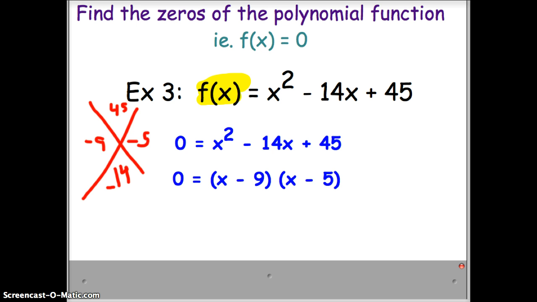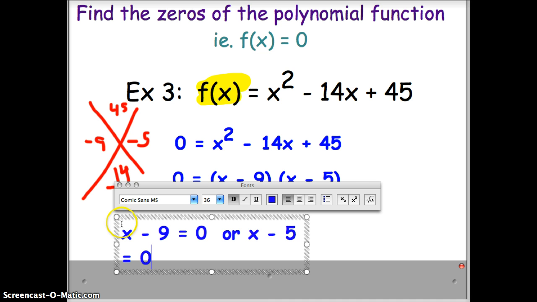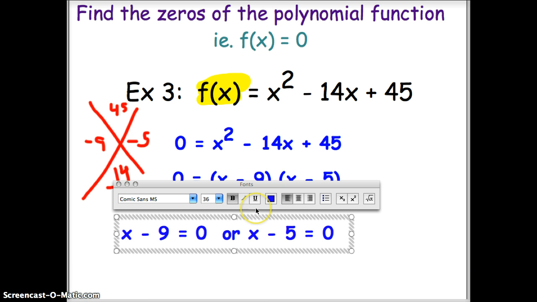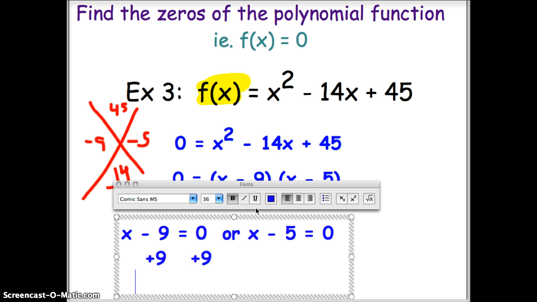Zero product property, one of the two things has to equal 0. So either x minus 9 equals 0 or x minus 5 equals 0. On the first one, I'm going to add 9 to each side, which leaves me with x equaling positive 9.